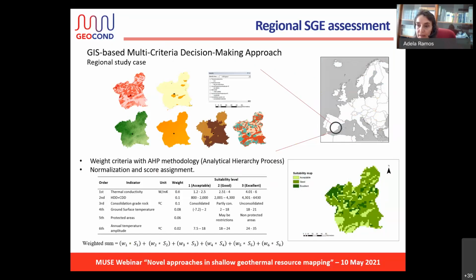And then a weighted sum was processed in GIS for every pixel of the map according to the formula here presented, using the map algebra raster calculation function.